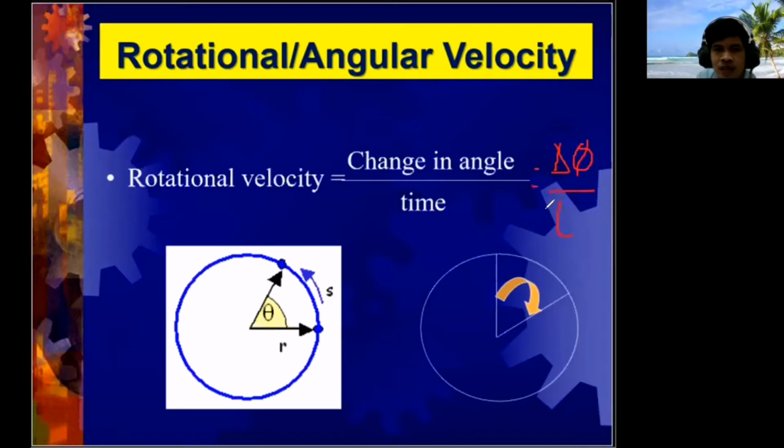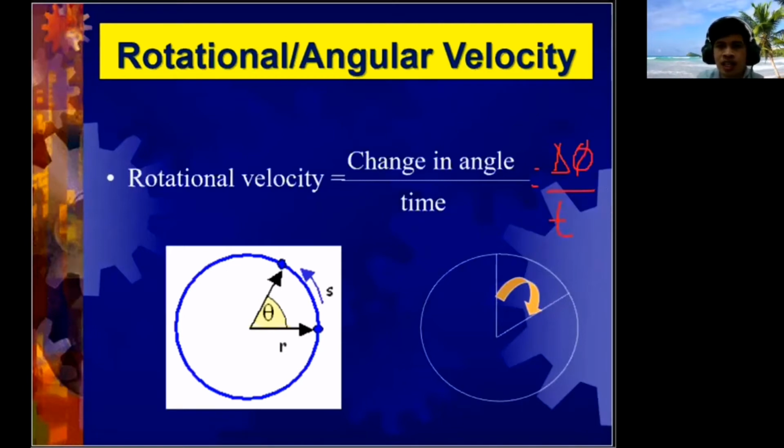The unit again is radians per second. Also, you can say degrees per second, or rotations per minute or revolutions per minute. So we can follow this formula for angular and rotational velocity.